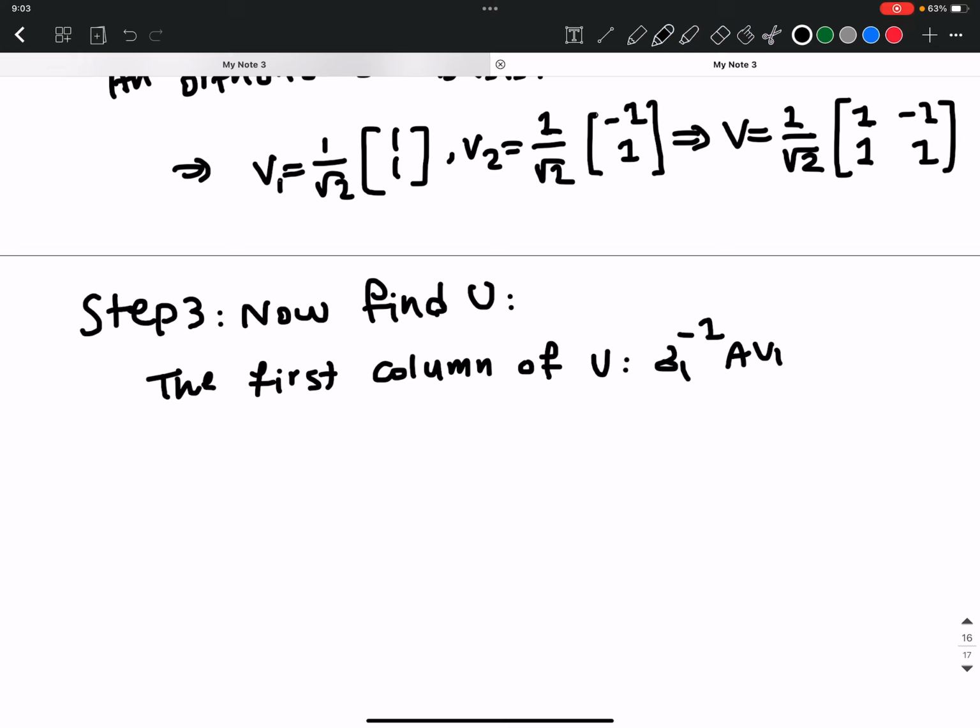So the reason is that if you remember, we said A is going to be U sigma VT, and because VT is an orthogonal matrix, what does that mean?